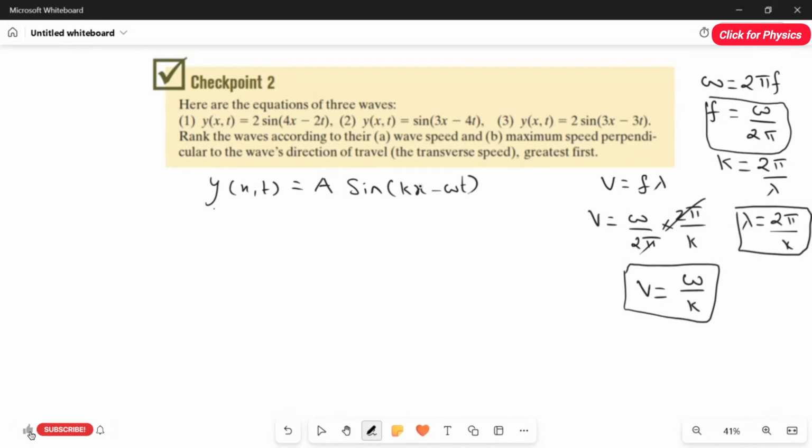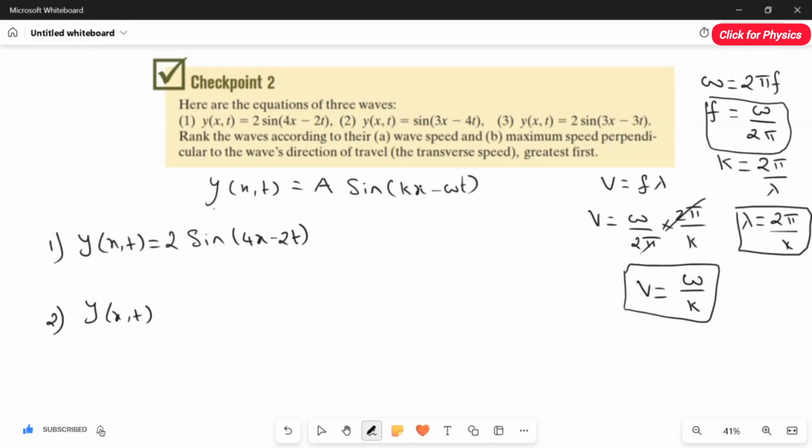So let's write the first equation. What is our first equation? y of x comma t equals 2 sine of 4x minus 2t. And then the second equation is y of x comma t equals sine of 3x minus 4t.